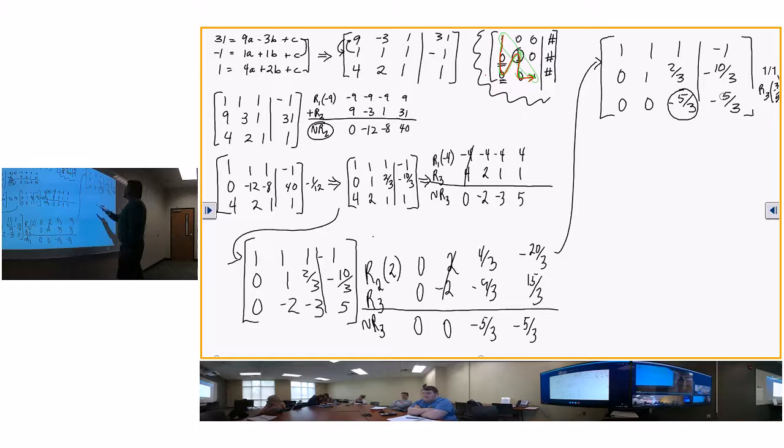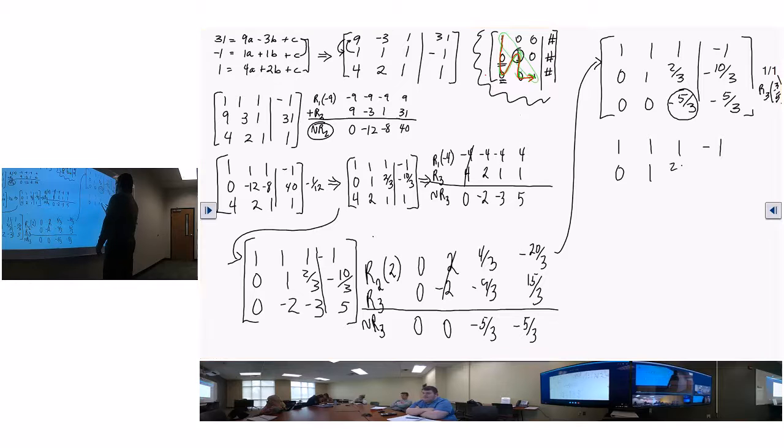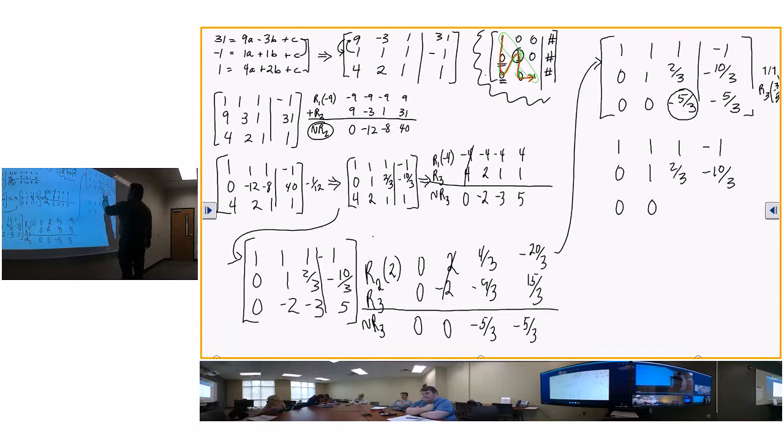So that's going to give us 1, 1, 1, negative 1; 0, 1, 2/3, and negative 10/3; and 0, 0. What is negative 5/3 times negative 3/5? 1.